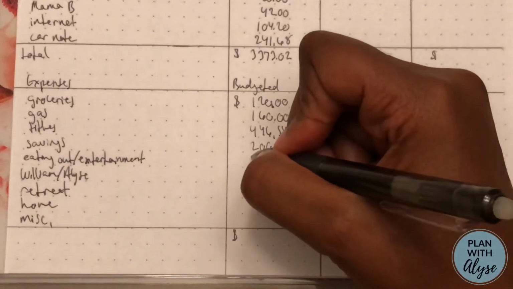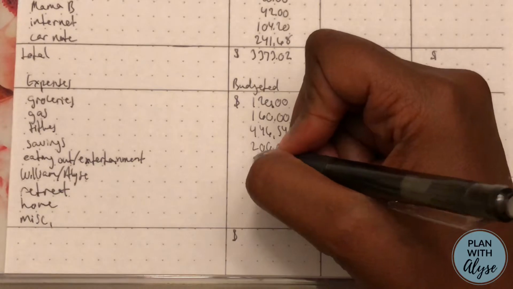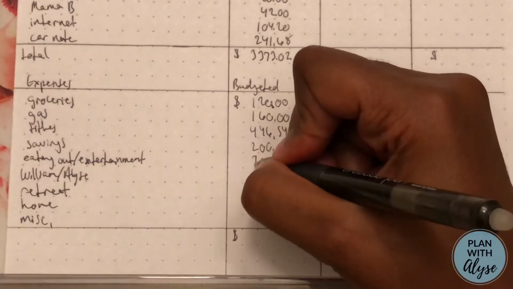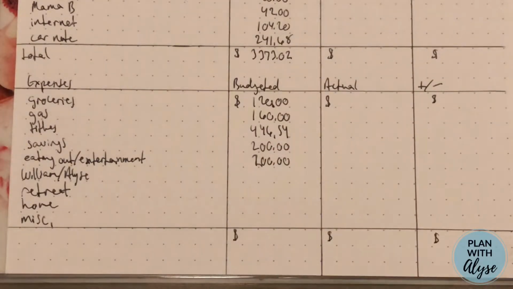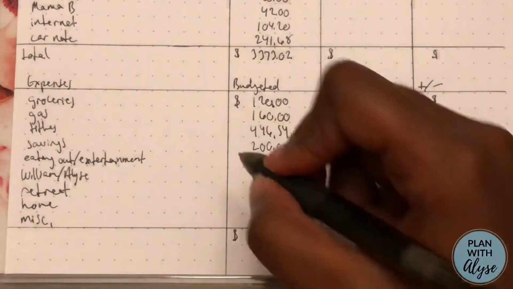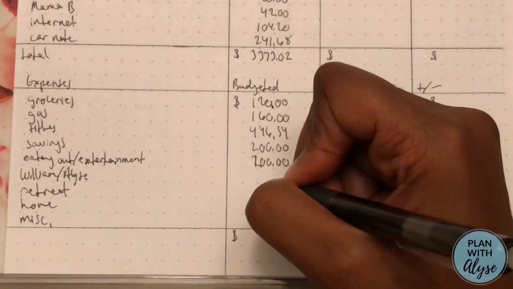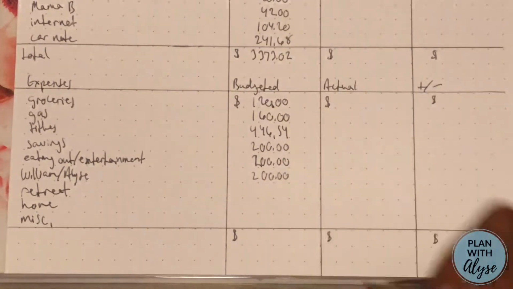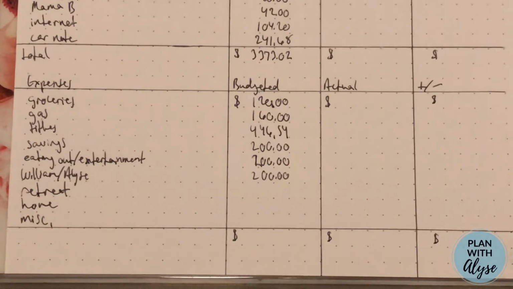I'm putting 200. 250? I don't know. I'll put 200. Let's not be crazy. We did a low spend month last month, so I'm not gonna punish us this month. For both of us, that's $200. We get $100 a piece each month, $25 a week.